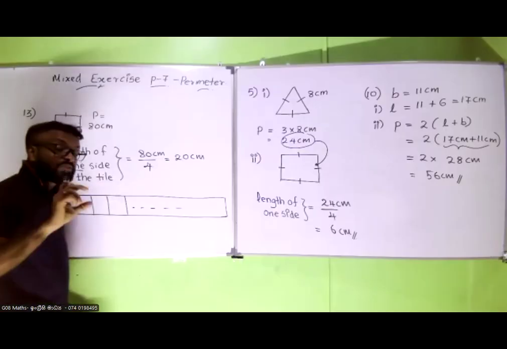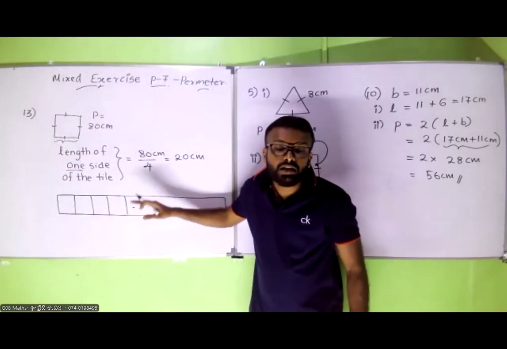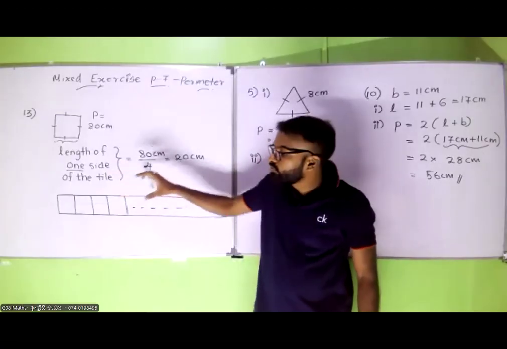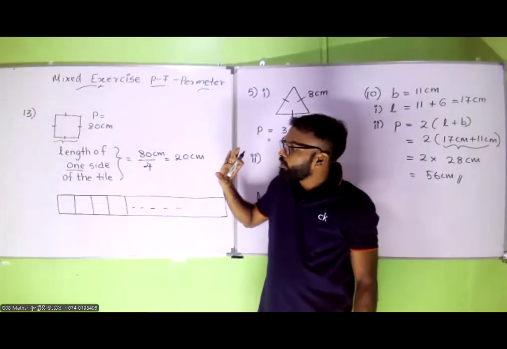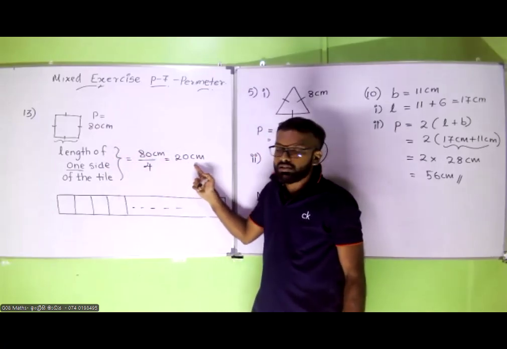So they are asking us how many tiles are needed to cover this wall. You have found that the length of one side of a tile is 20 centimeters.